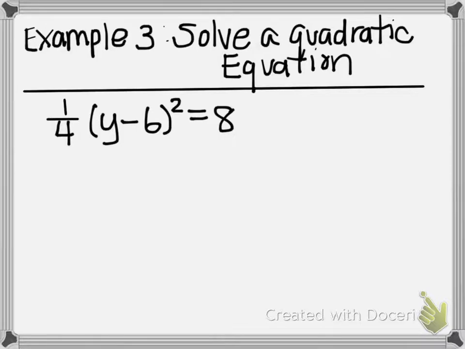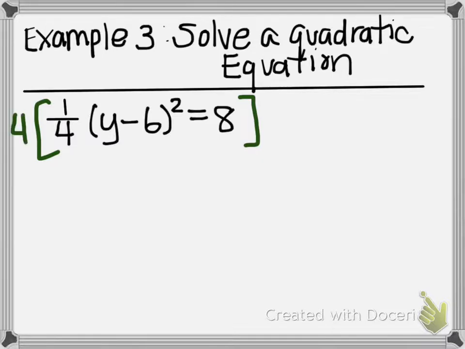So we want to get rid of that 1/4 first, so we can isolate the squared term. So we're going to multiply everything by the reciprocal of 1/4, which becomes just a 4.